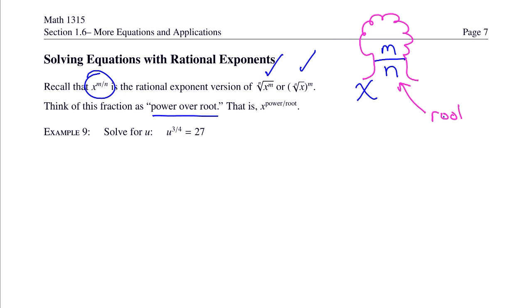That's right, the root. And what can be up in the top of the tree? Yeah, the little power lines. So that's where the m is for the power. So it's power over root. Just remember that's the order of things.